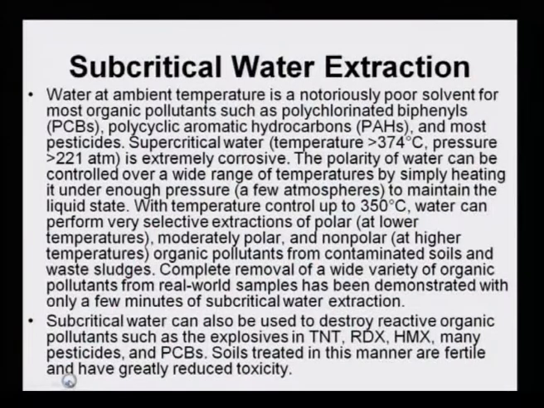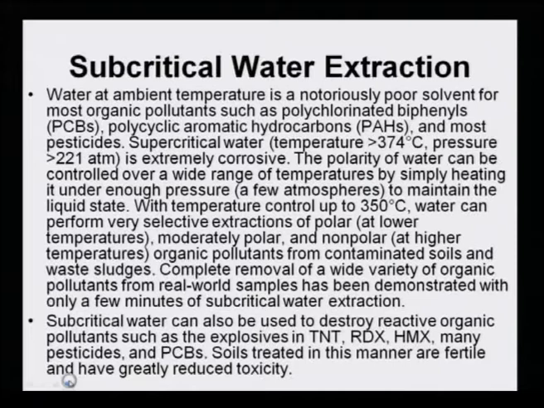Supercritical water, at a temperature above 374 degrees Celsius and a pressure of 221 atm, is extremely corrosive. The polarity of water can be controlled over a wide range of temperatures by simply heating it under enough pressure, a few atmospheres, to maintain the liquid state.